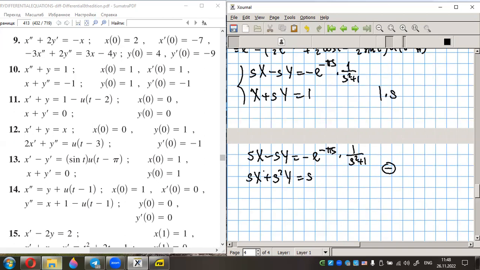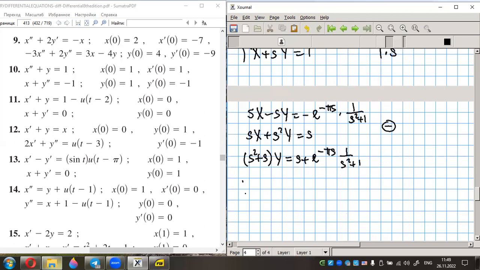Then I find the difference: from the second, I subtract the first. So Y equals 1 over s plus 1 plus e to the minus pi s over (s squared plus 1)(s plus 1).